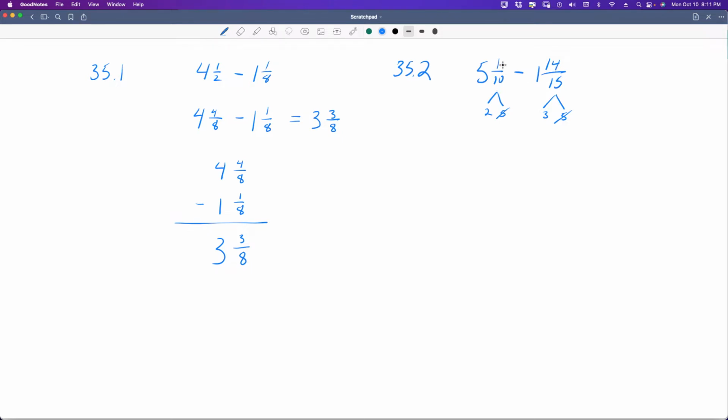We can't get it back. Like this 1 is a prime number. We can't divide it by 2 in order to divide this by 2 to get a denominator of 5. And 14 is not divisible by 3, so we can't divide the denominator by 3 to get back to 5 either. So what we're going to do instead is multiply by the opposite factor.